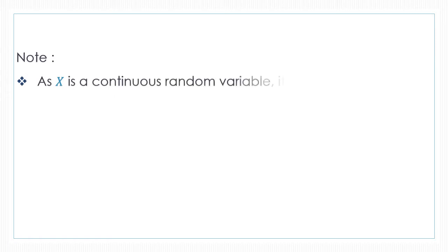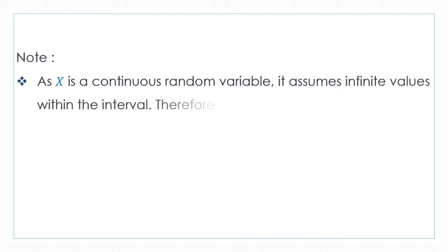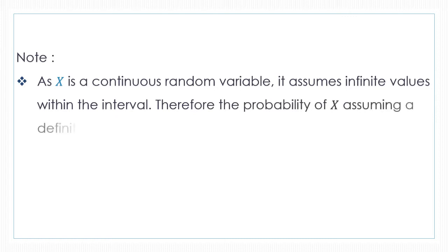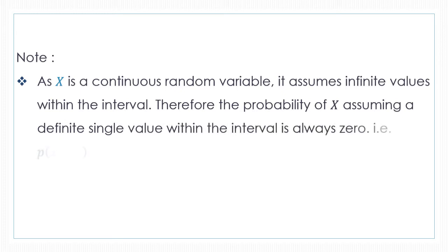Now, something which you need to remember: because x is a continuous random variable and it assumes infinite values within the two intervals, if we say that x assumes any single value from that interval, only a single value, then the probability is always 0.